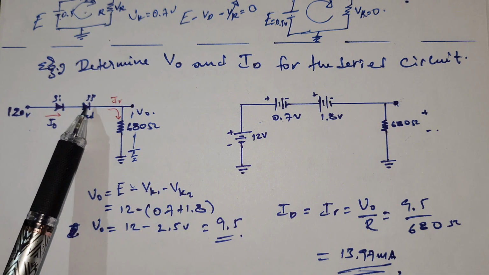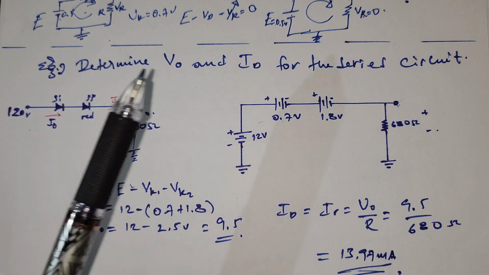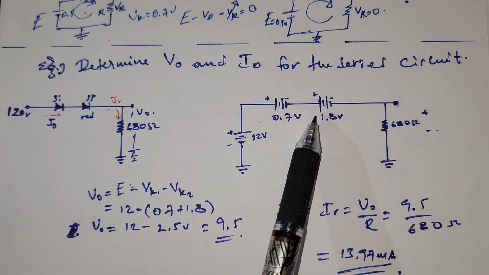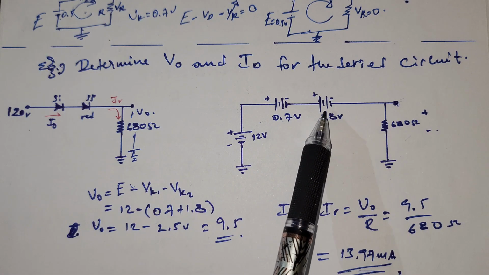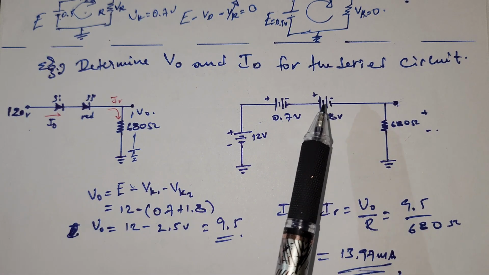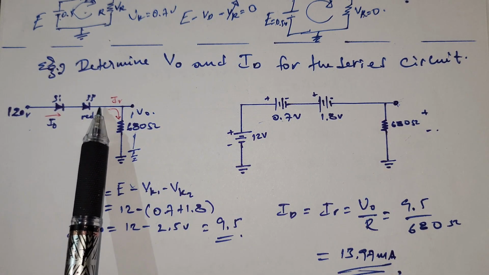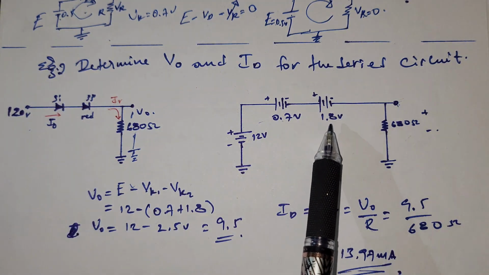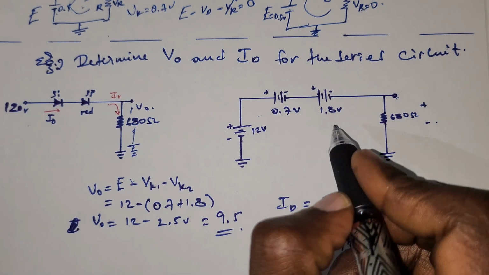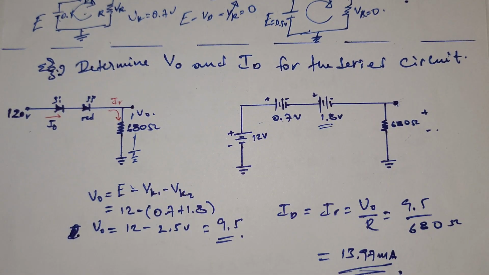Its turn on voltage, or VK, the voltage needed to make this diode transmit current through it, is 1.8 volt.